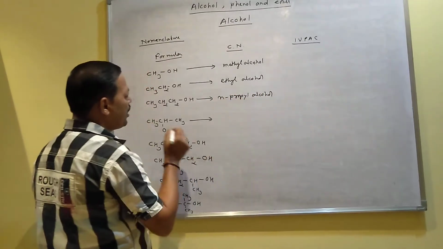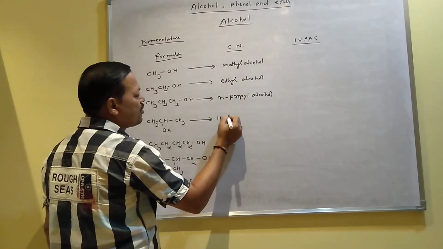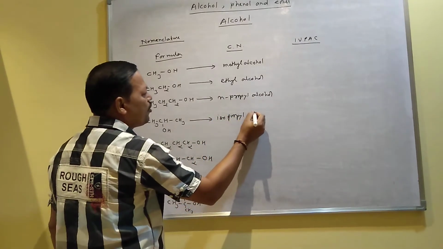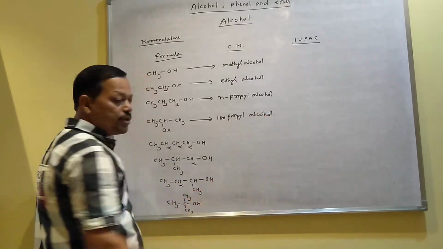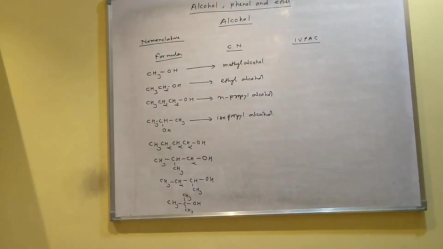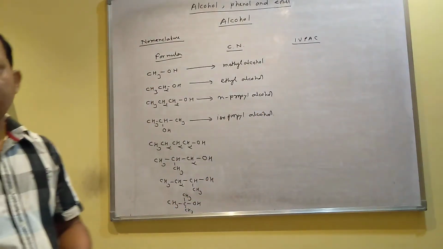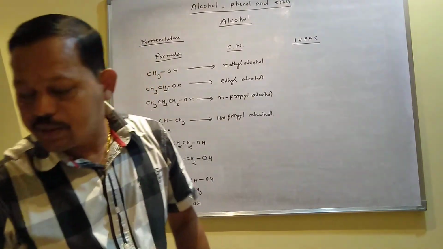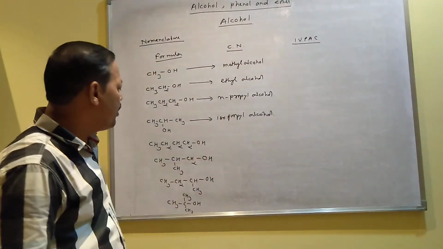I mean normal propyl alcohol, and this is isopropyl alcohol. So there are two propyl groups. One is normal propyl and one is isopropyl.